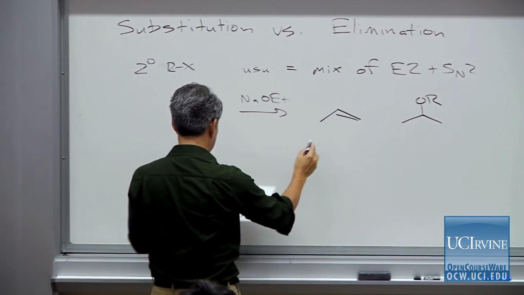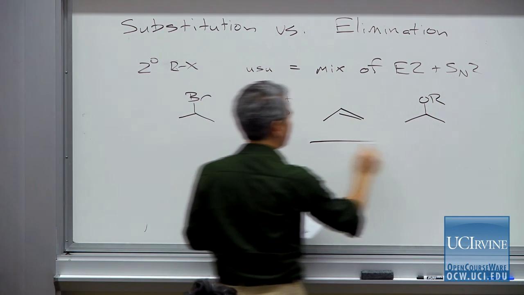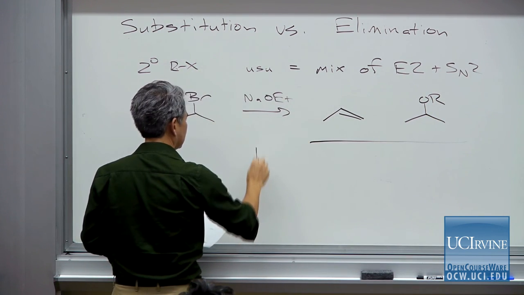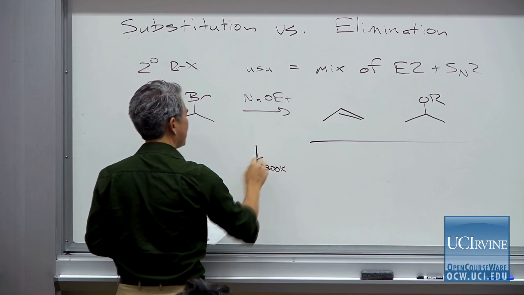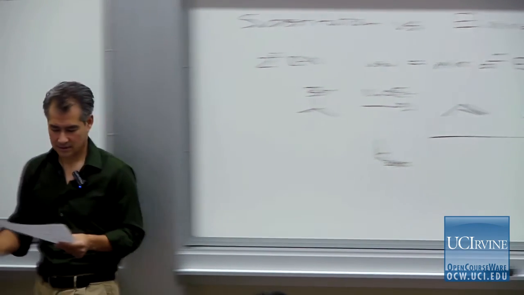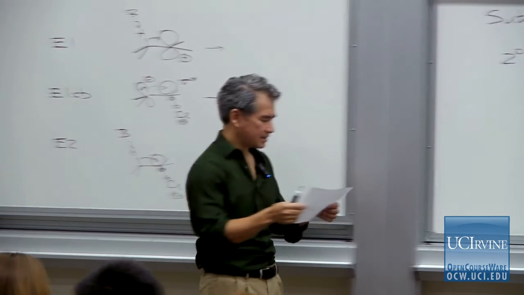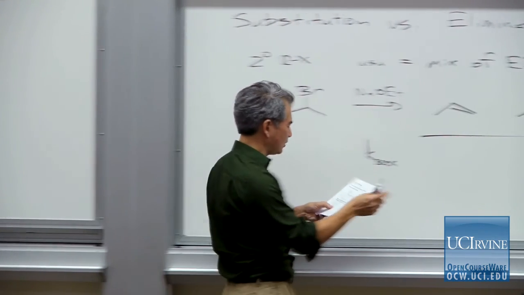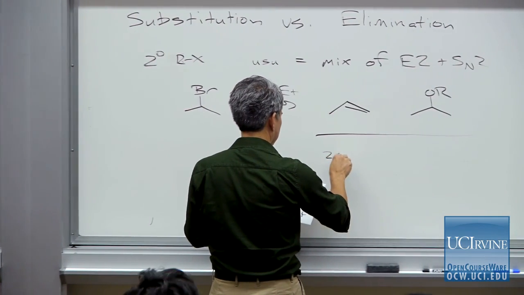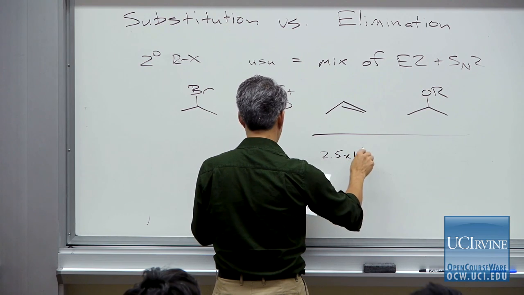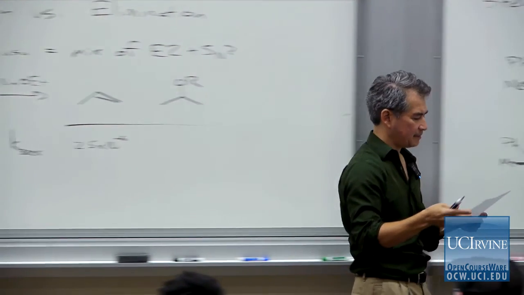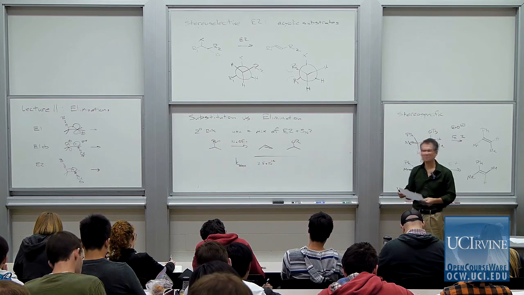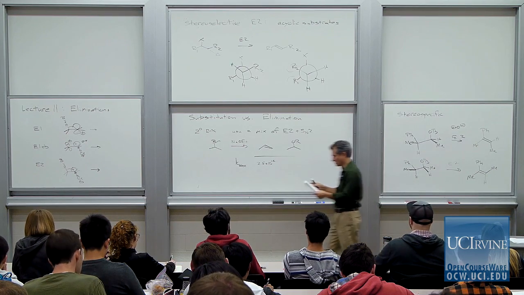And I want to look at the rates for formation of these as we vary the temperature. So the rate constants that somebody took great pains to measure. Absolute rate constants, and don't worry about the units, they're per molar per second. Just look at the relative numbers. Looking at that number, immediately I'm thinking, that's slow. 10 to the minus 6 per molar per second is a slow reaction.